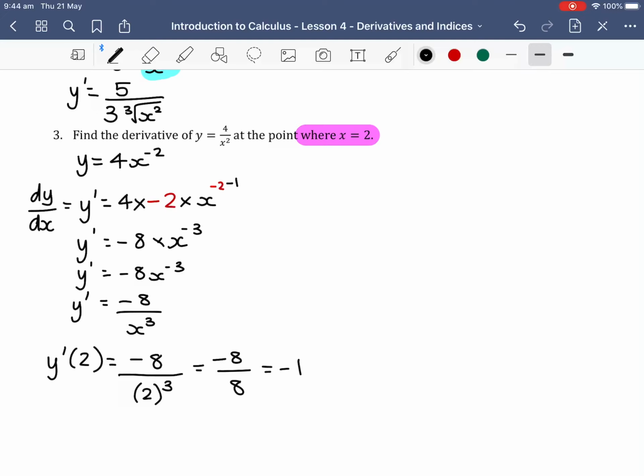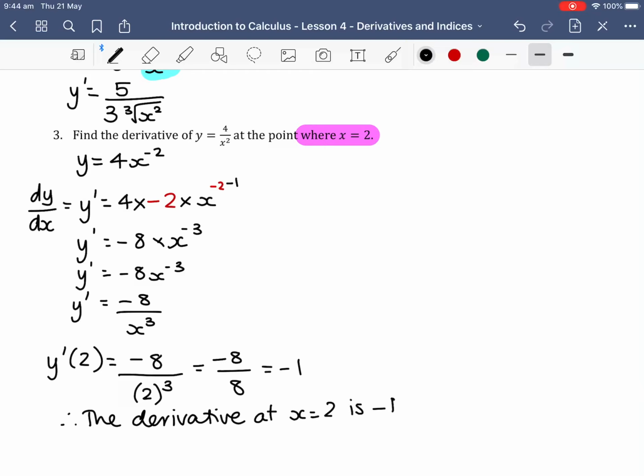So the gradient of the tangent to the curve at x equals 2 is -1, or we write, therefore, the derivative at x equals 2 is -1.